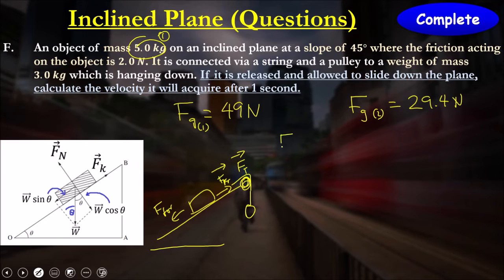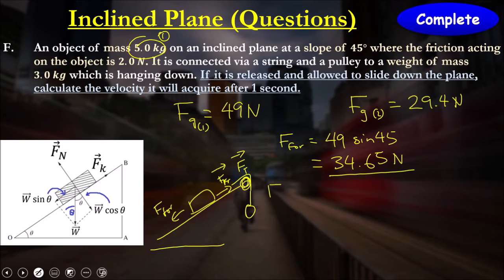So again, forwards force is just the component of our weight force, sine 45, which is 34.65 newtons. So my net force, we could just say forwards is the main direction we're looking at.